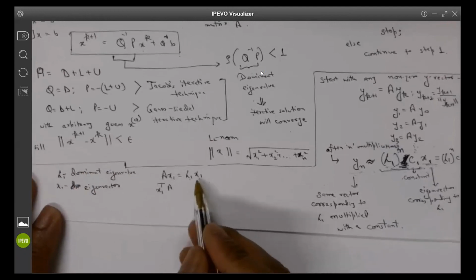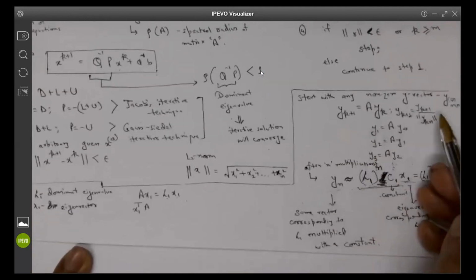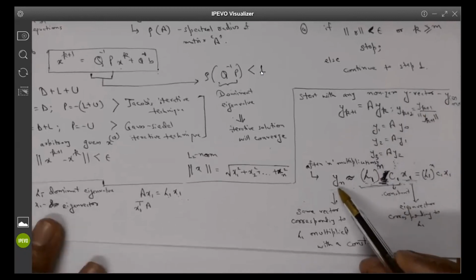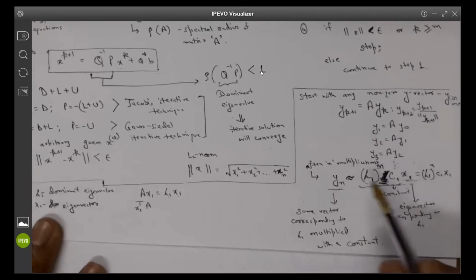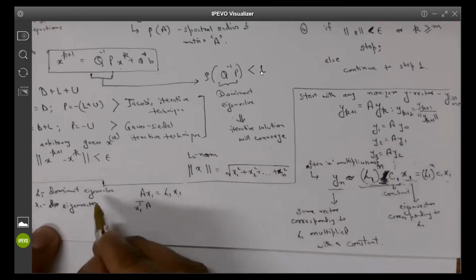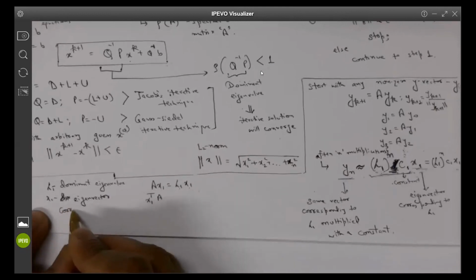We are just using symbolic terms, but when we take an arbitrary y0 and multiply it with the matrix after a certain number of steps, what we get will actually be your x1. That is going to resemble the same direction as your eigenvector given by x1, the eigenvector corresponding to lambda 1.